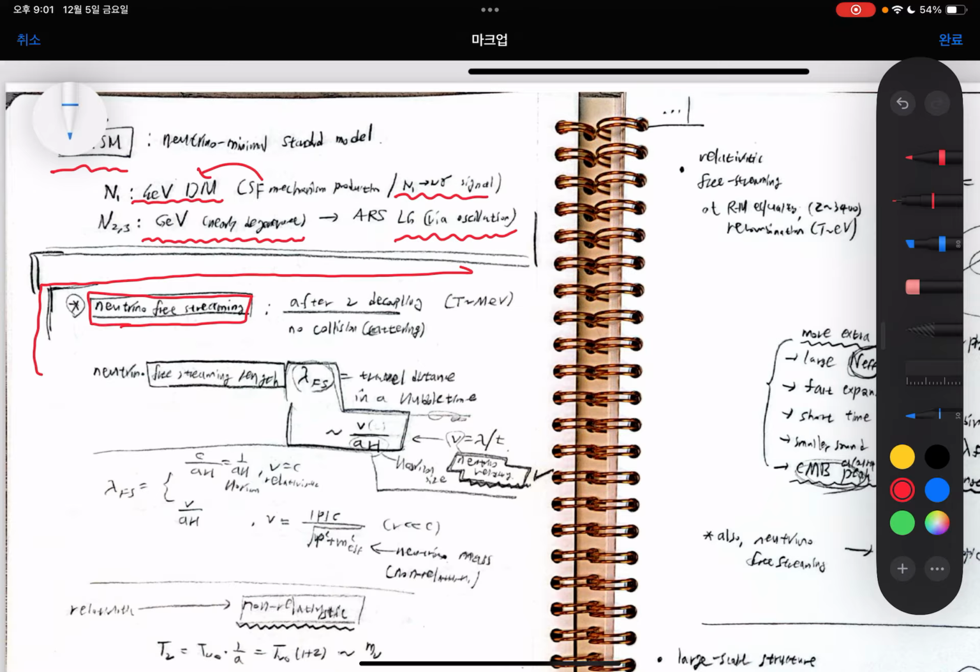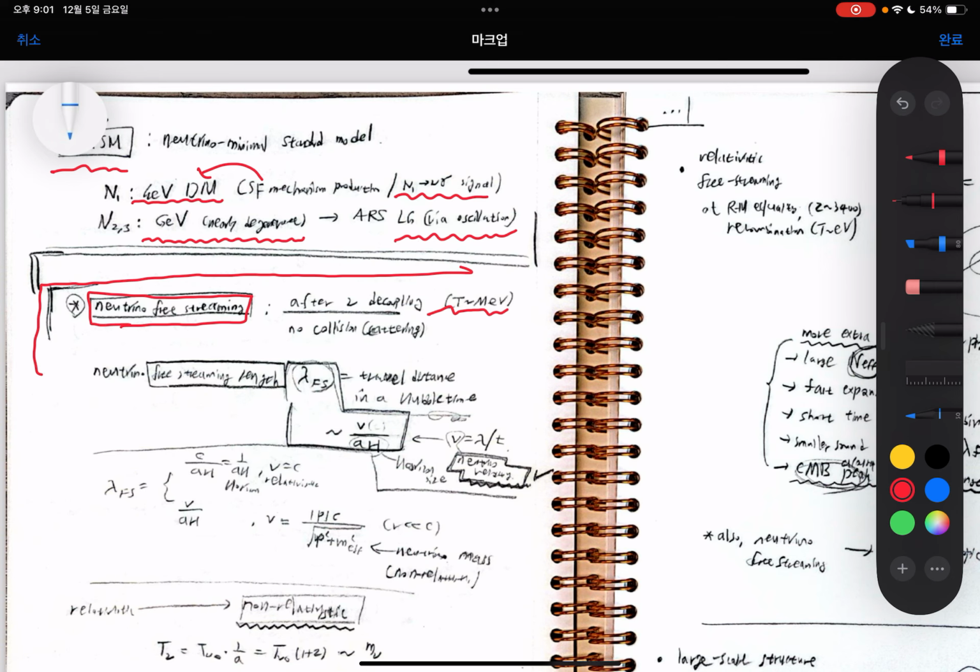The active neutrinos decouple at the MeV scale, by comparing the interaction rate with the Fermi constant and the Hubble rate. But after neutrino decoupling, the neutrinos propagate over the space-time of the universe, and they might have no collisions or scattering.